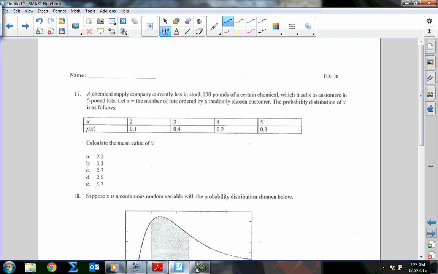A chemical supply company currently has in stock 100 pounds of a certain chemical, and sells to customers in 5-pound lots. Let X be the number of lots chosen, with probability of X. All right. So we are going to find the mean of this. I have two choices. You can put this number in L1 and this one in L2.